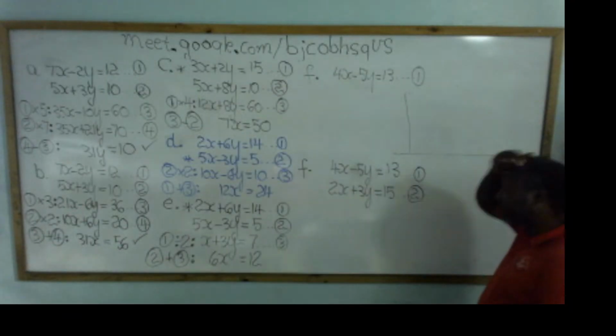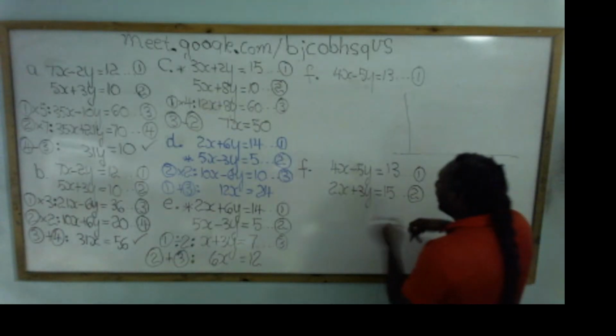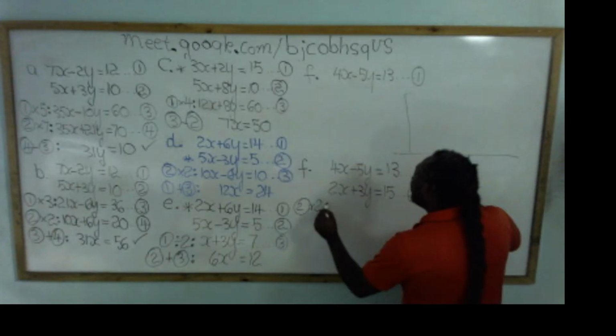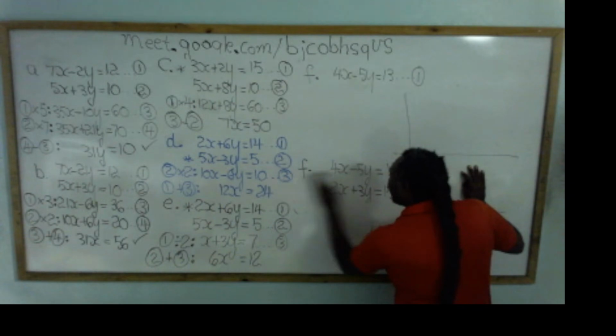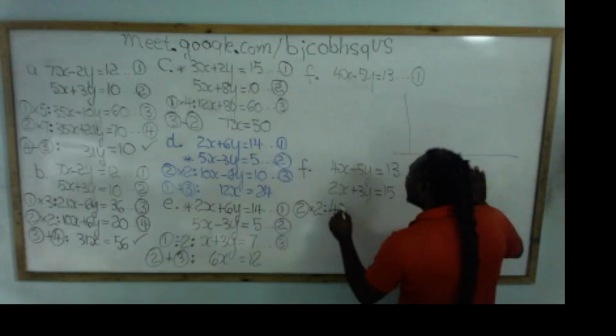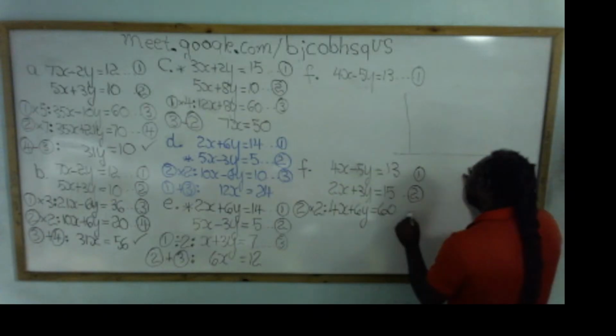All right, so let's go. Equation 2 multiplied by 2, and what do we get? 4x plus 6y is equal to 60, and that is equation 3.